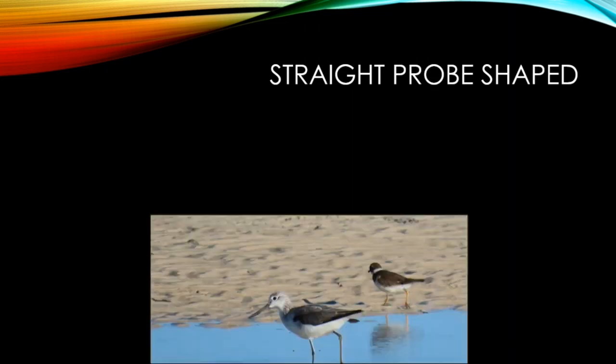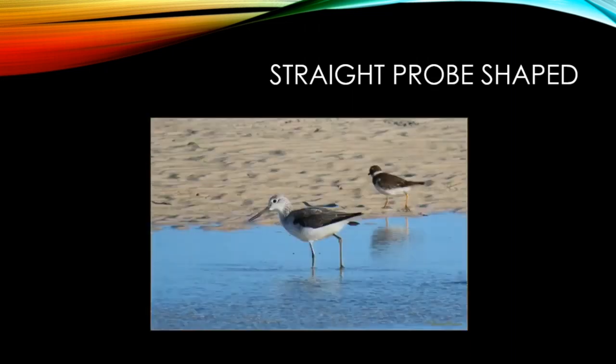You can see in this example here, it's a slightly upturned beak of this greenshank, but it's still quite straight. And once you manage to identify, okay, this is a straight probe shaped beaked bird, you can have a look and see if it's slightly upturned or downturned or just straight. Also take into consideration the length of the beak.